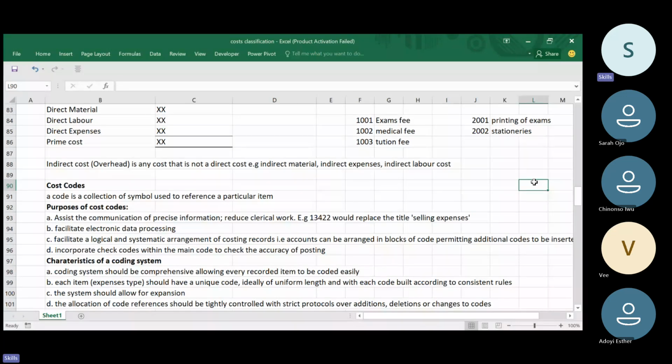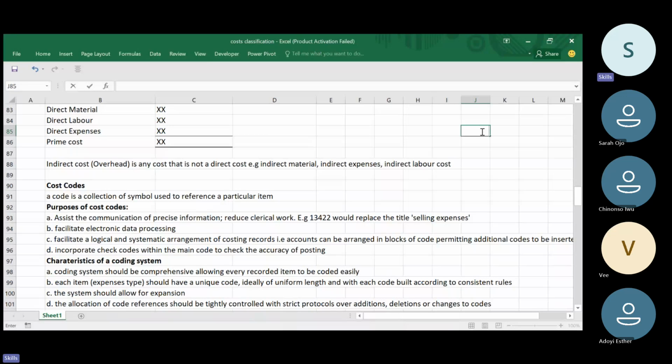Then characteristics of a coding system. One, a coding system should be comprehensive, allowing every recorded item to be coded easily.